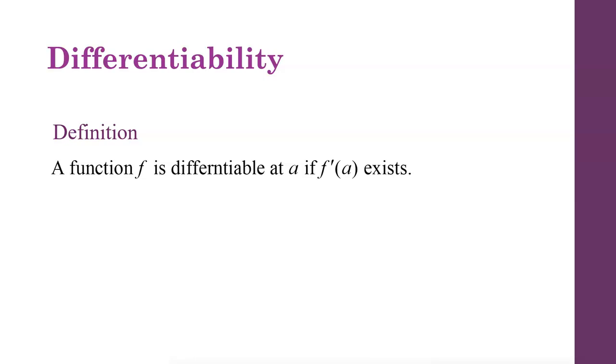So I can find the derivative function and evaluate it at a, and that value does exist, right? So the limit from the left and the right, if I was going to take the limit, would have given me the same answer, and I can actually plug in a into the derivative function.